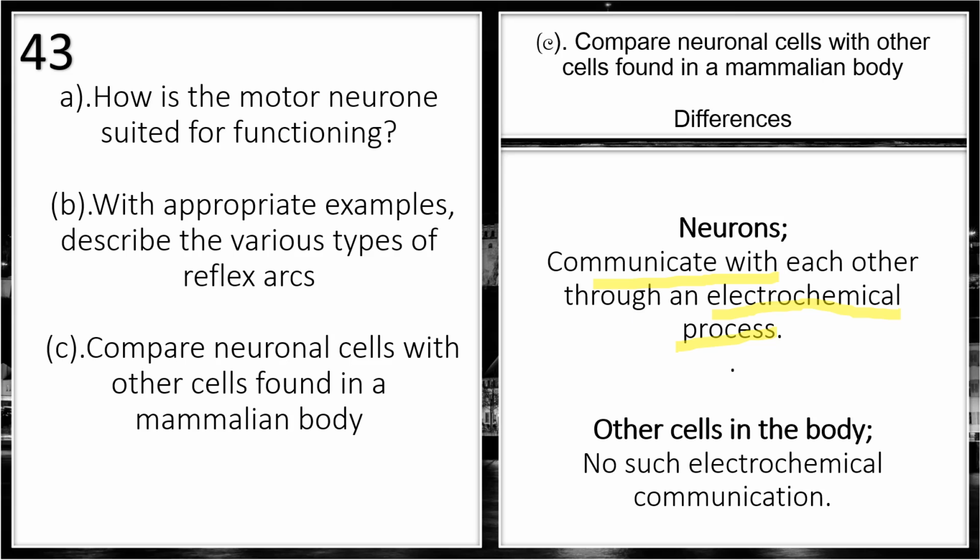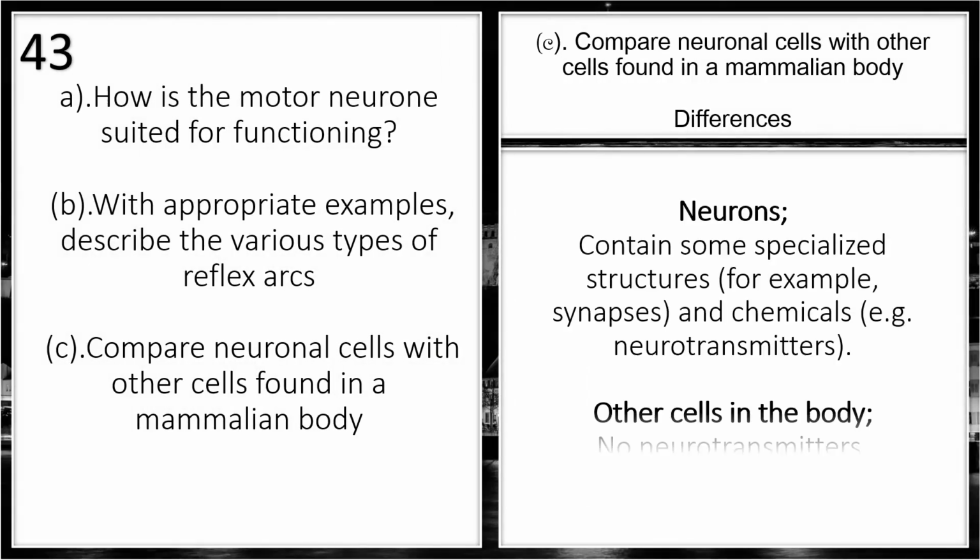Other cells in the body have no such electrochemical communication. Neurons contain specialized structures, for example the synapse, and chemicals, for example the neurotransmitters. Other cells of the body have no neurotransmitters.